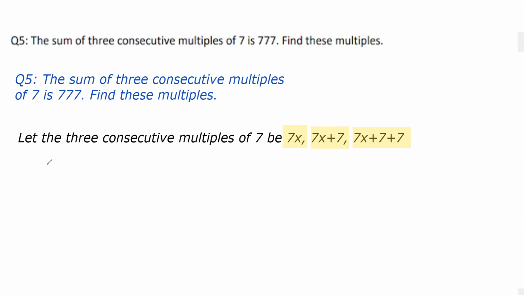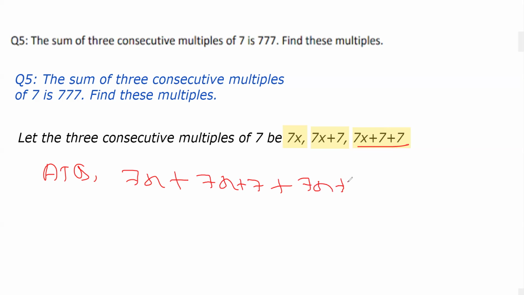Now, according to question, the sum of these consecutive multiples is 777. So the first multiple of 7 given here, the second being this, the third being this, I can write this as 7x plus 7x plus 7 plus 7x plus 7 plus 7 is equal to 777.